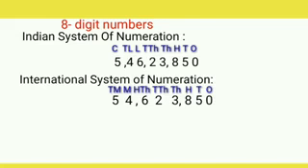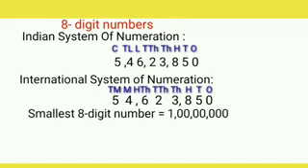Then after 3 digits, that is 6. We read it as 54 millions, 623,850.